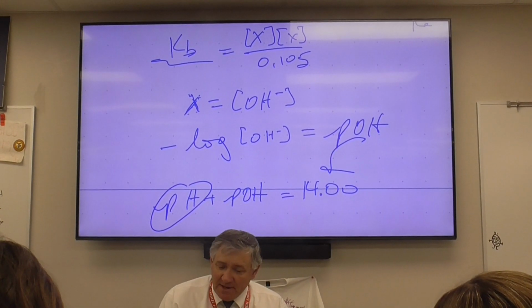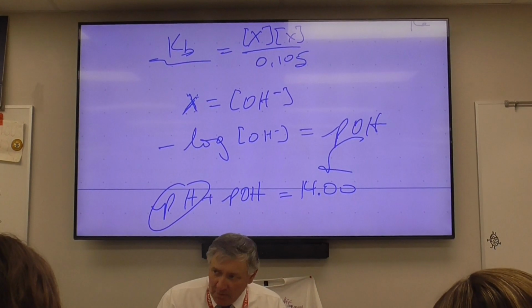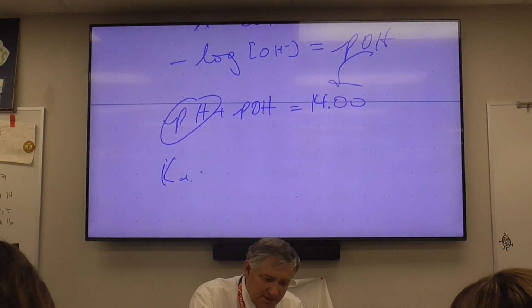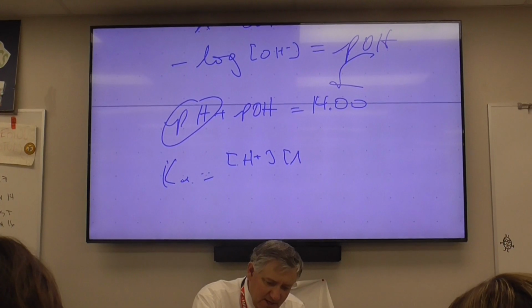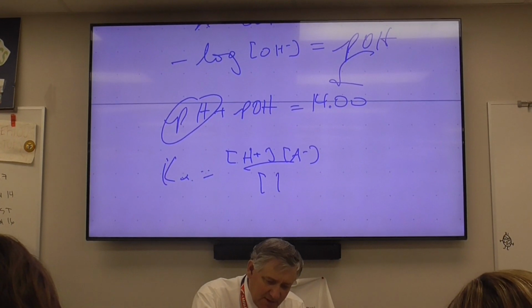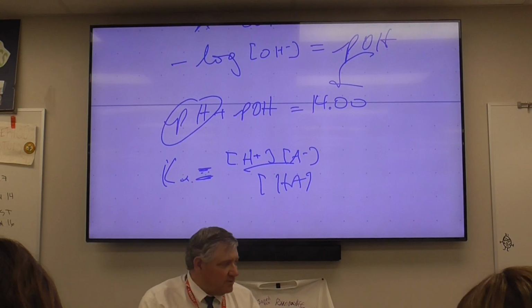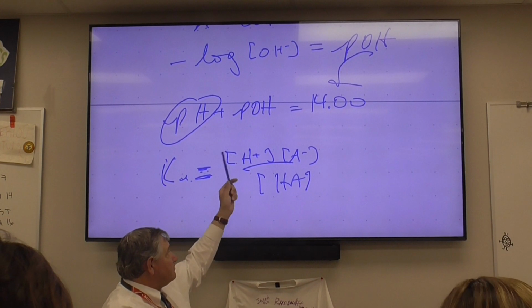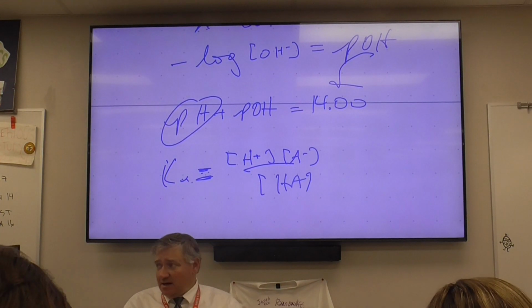And again, if you're making comparisons, look at how they're calculated. So if you look at how Ka is calculated, that's your hydronium ion concentration times your anion concentration divided by the concentration of your acid. So the only thing you can do to manipulate this Ka value is look at the concentrations of those hydroniums and anions.